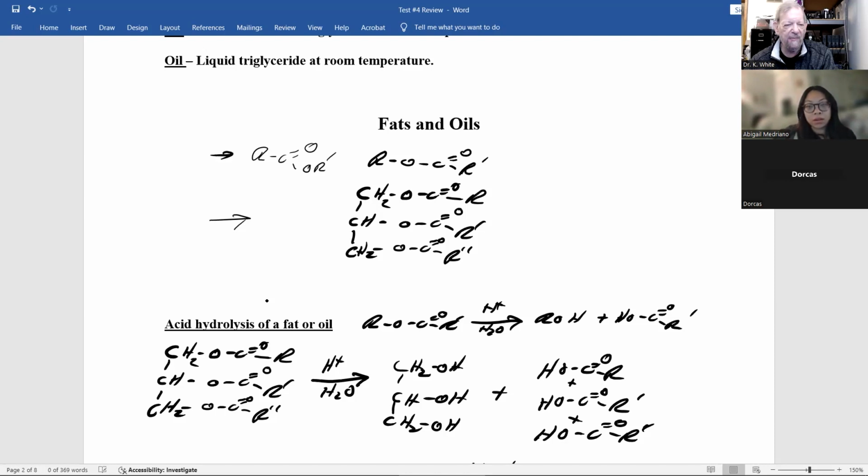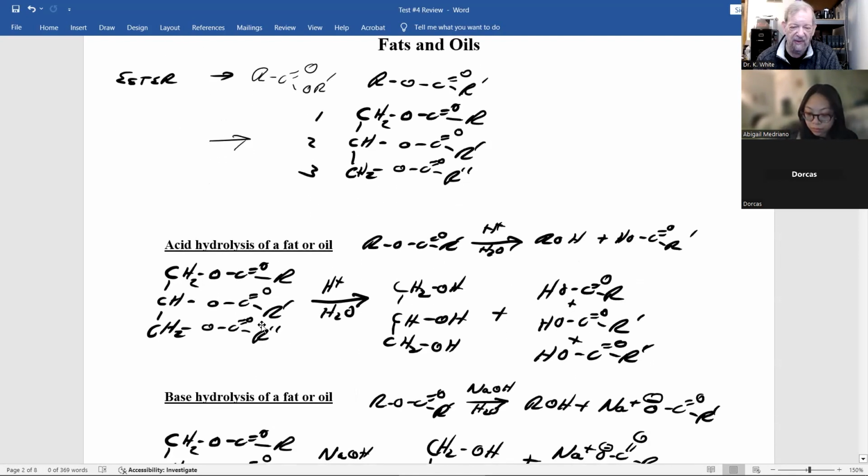But these are esters. And notice in the triglyceride, this is the general structure. We have 1, 2, 3 esters. Now, these esters undergo all the reactions you learned for test 3. So as I promised, I'm not going through any major new reactions.